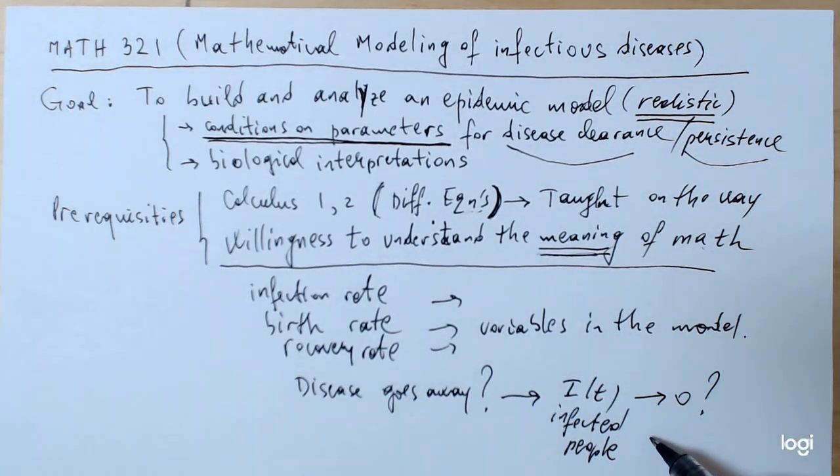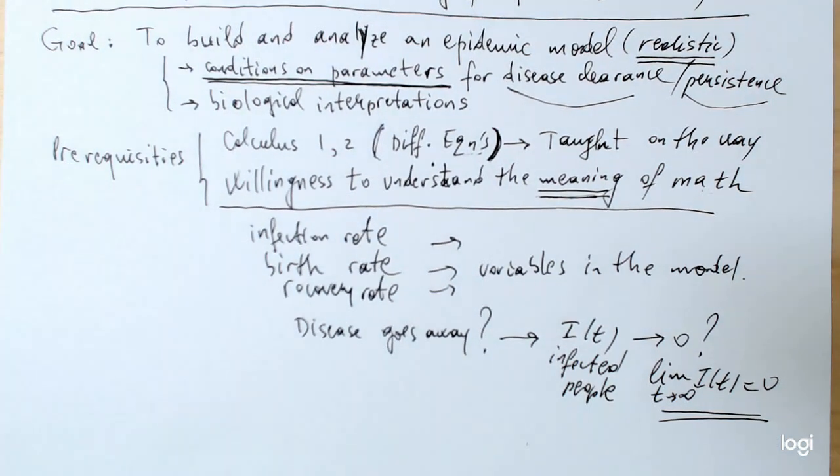So basically, from the wording disease goes away, you have to make the connection in your mind that what I'm asking is under what conditions a limit of a function is equal to 0 as t goes to infinity. So this is the kind of stuff you have to deal with in this class.